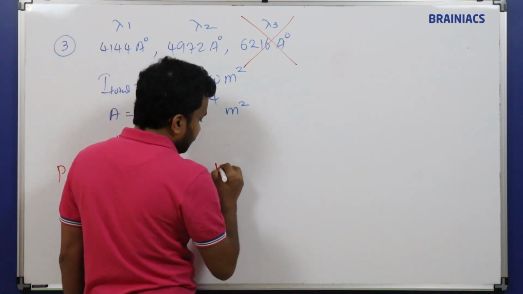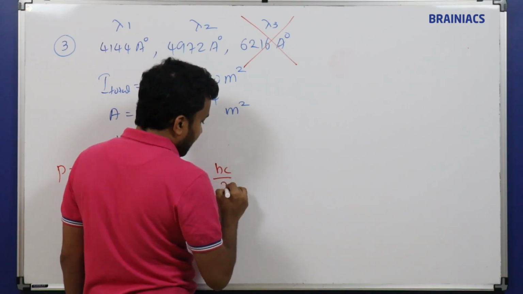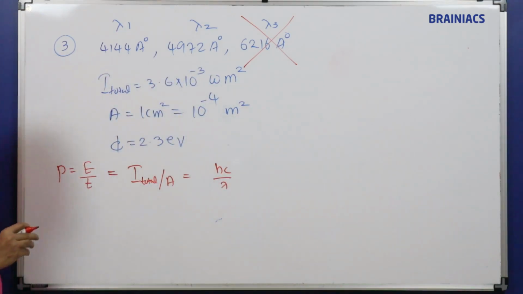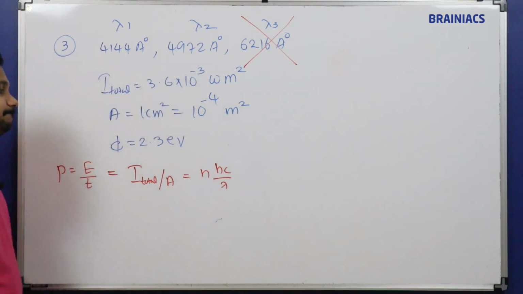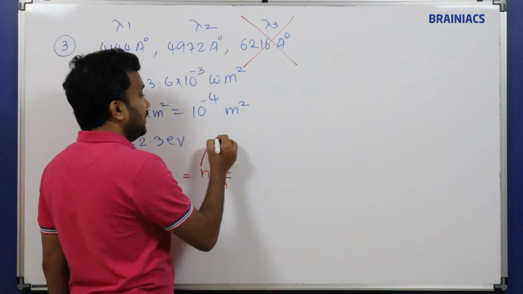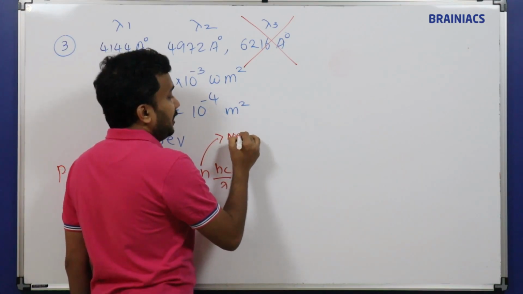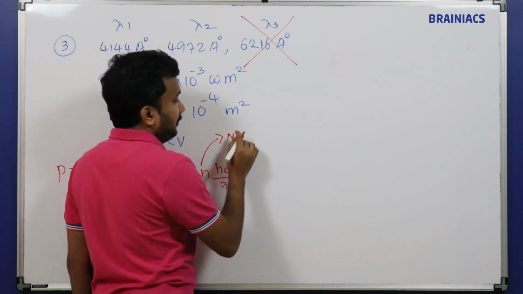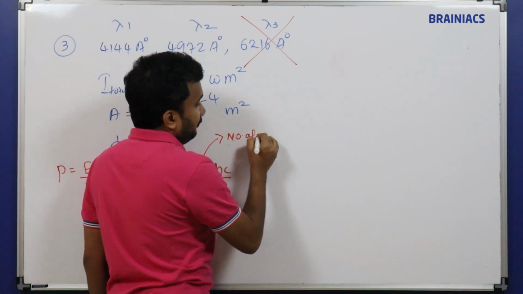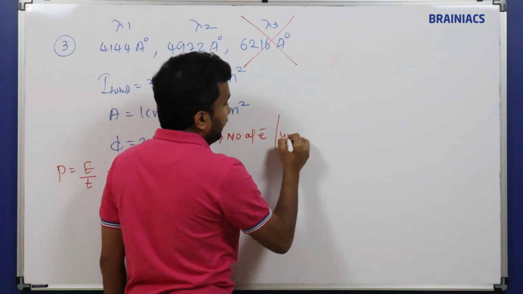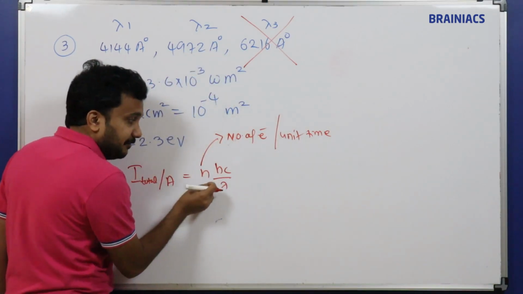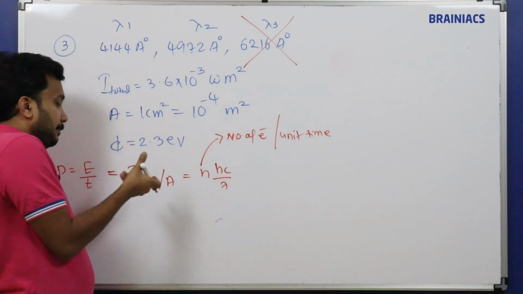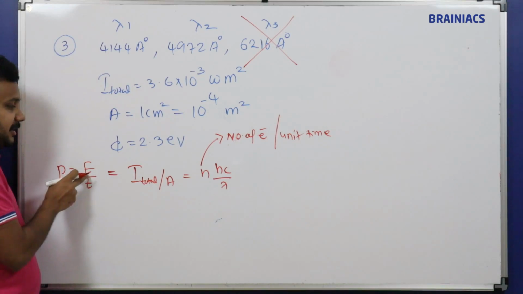Energy I know is hc by lambda, but for energy by time I multiply by a parameter called n. N means the number of electrons per unit time, so it is a number divided by time. Matching the units, power is energy by time.